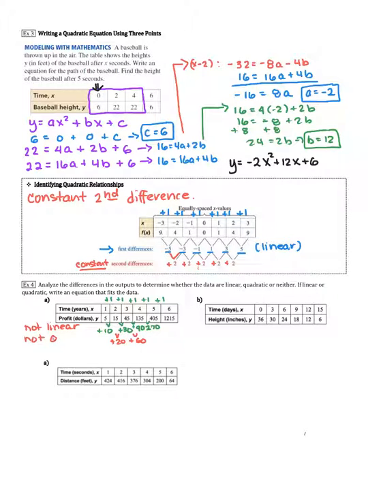It's not quadratic. Something you will find out in a future chapter. Right now it's okay for you guys just to say it's neither. Turns out it actually is exponential, but we'll be learning about that in a chapter second semester.